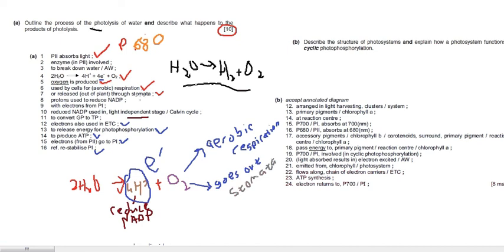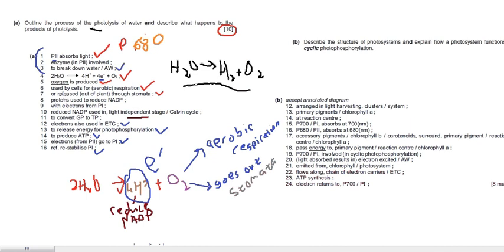And where does it take place? Photosystem 2 absorbs light, and enzymes are involved to break down water. So I hope this is clear. The question wants you to first explain where the reaction takes place and how it takes place. It takes place in photosystem 2, where enzymes are involved to break down water. That's the first point.